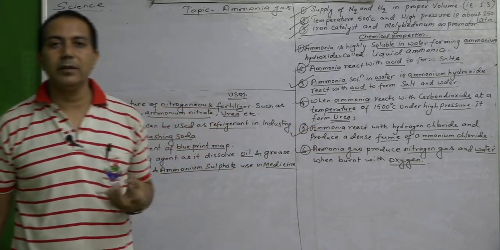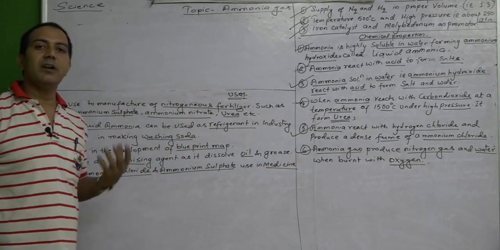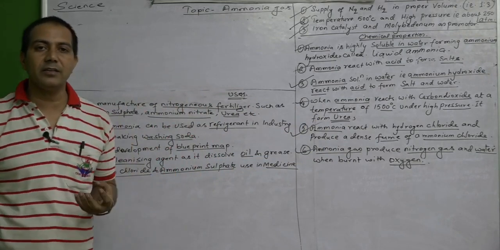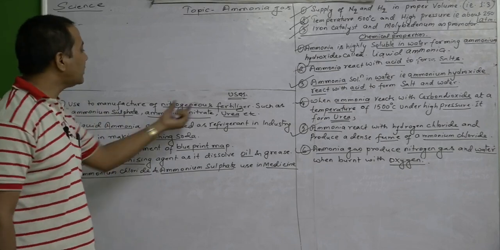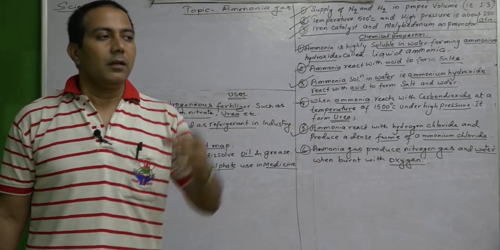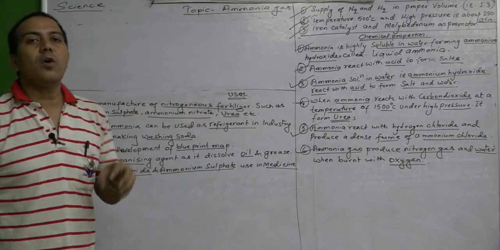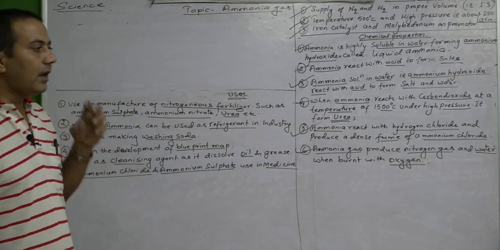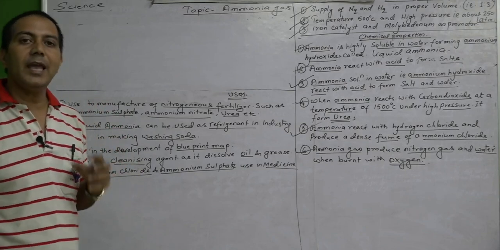It is a chemical fertilizer. So we can easily say that ammonia is used in the manufacturing of nitrogenous fertilizer. Nitrogenous fertilizer means the fertilizer that contains nitrogen, and these are produced by using ammonia.